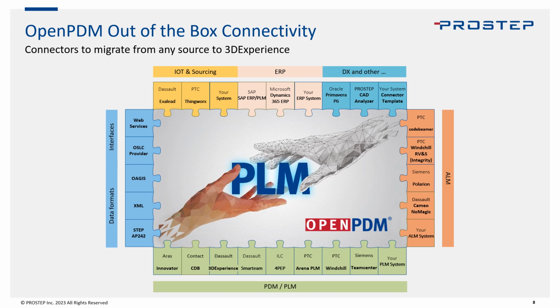On the left, some interfaces like our web service connectors, OSLC for federation, OAGIS for MES integration and other things, as well as our STEP toolkit. We can use this for long-term archiving purposes.